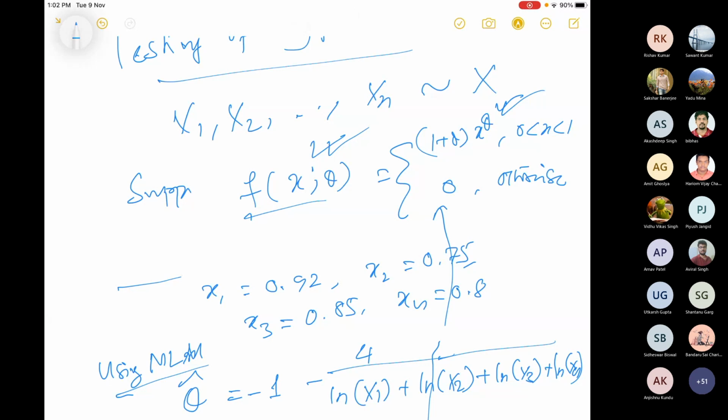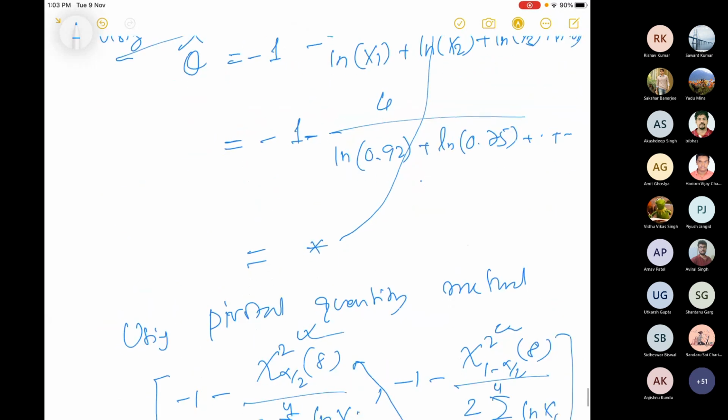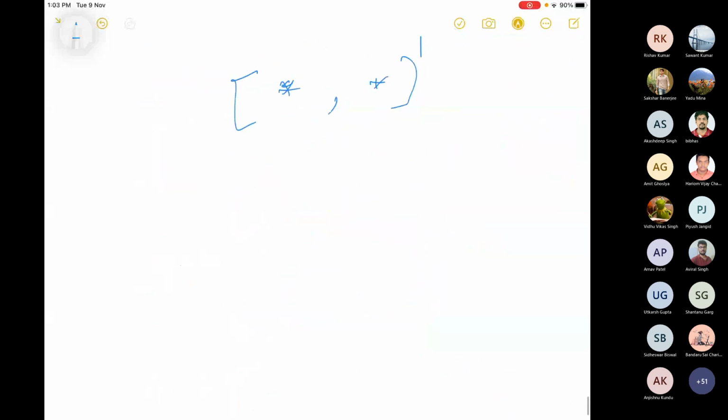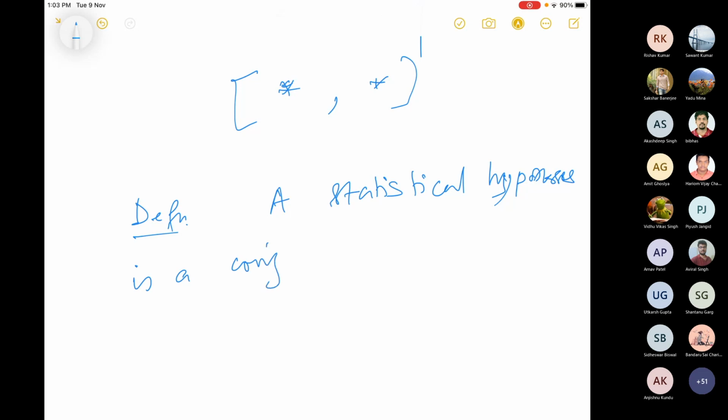Now, what is a statistical hypothesis? Let me just define it. A statistical hypothesis is a conjecture which you need to prove or disprove, about the distribution of X theta, of the population.